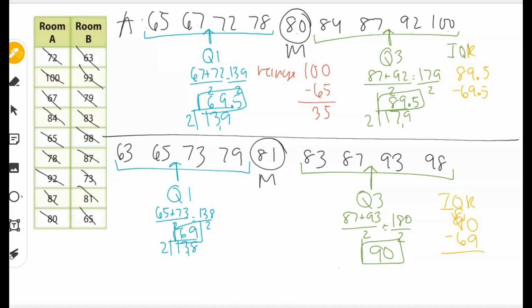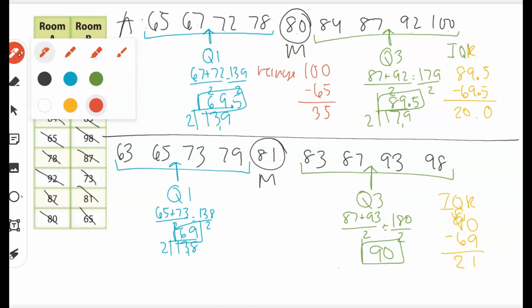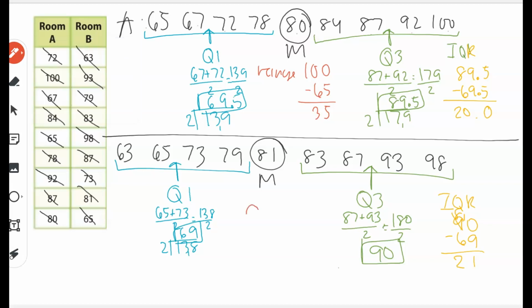There's going to be some borrowing. I have 21. I don't think I wrote my interquartile range over here. Let's do that work. It's going to be 20 exactly. And then we can find our range, and the range of this set of data is 98 minus 63, which is going to be 35.